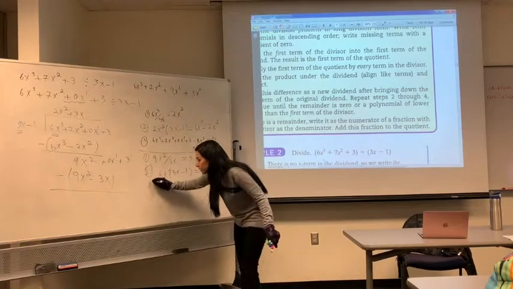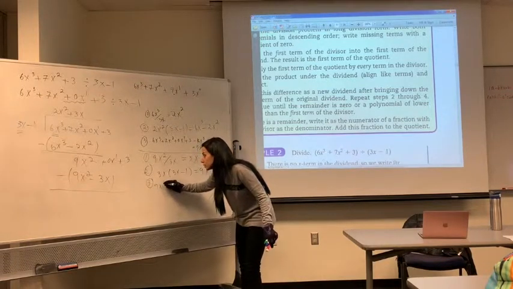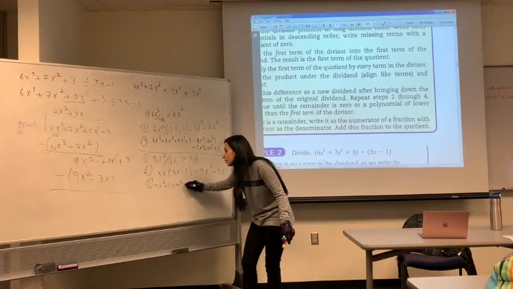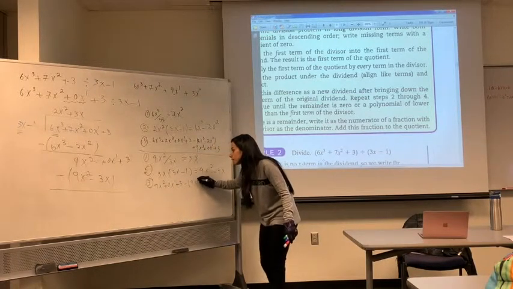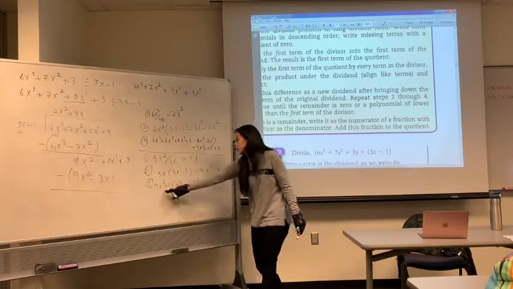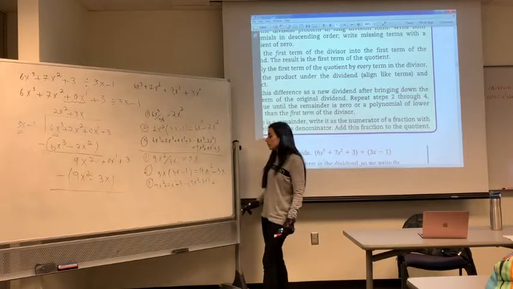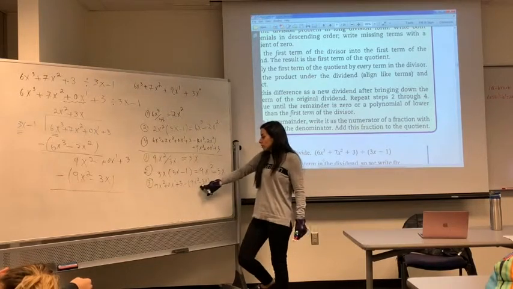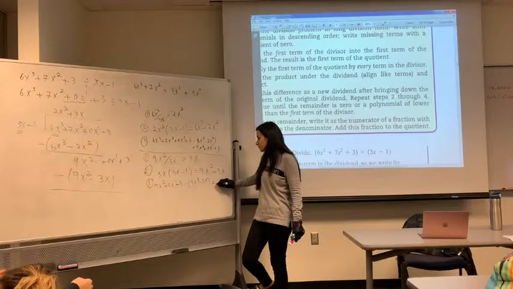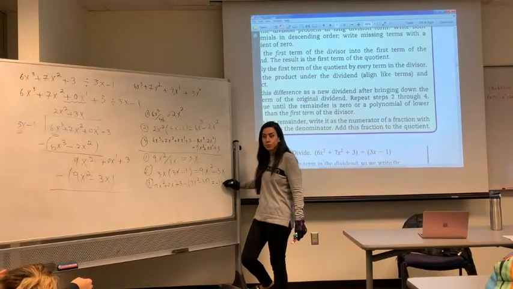Now we should subtract it. 9x squared plus 0x power 1 plus 3 minus 9x power 2 minus 3x. These two cancel. 0x power 1 plus 3x power 1 is 3x, right?